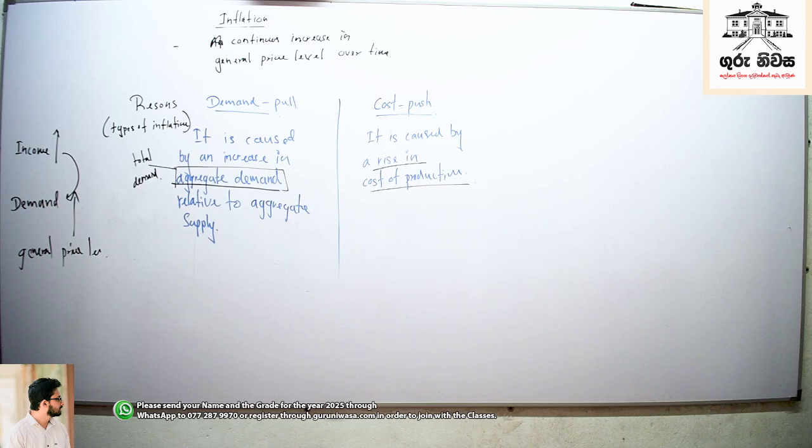All these additional costs are added to your selling price. Then what happens to your selling price? It increases. Then the general price level increases, which is known as inflation. Did you get the point? Yes, sir.